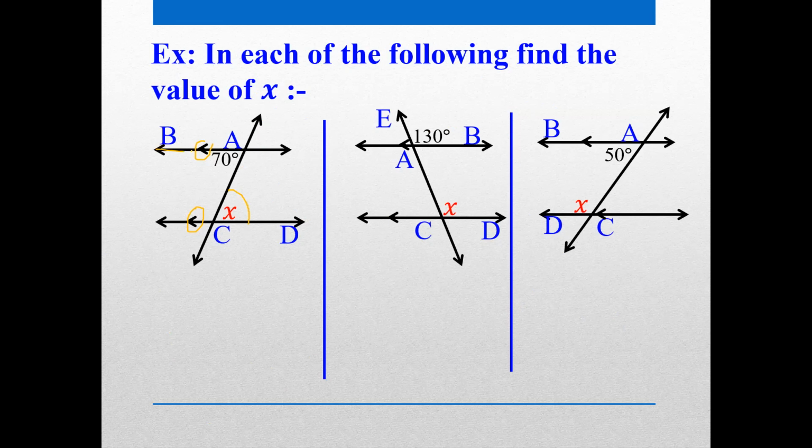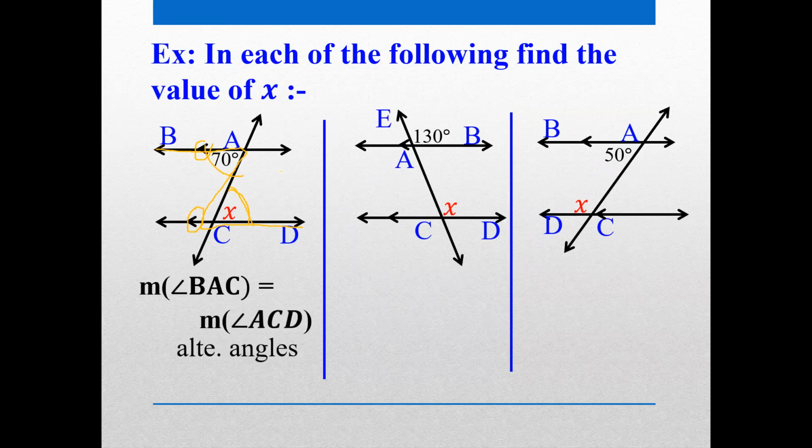It's the letter Z, B, A, C, D, so they are alternate angles. So angle BAC will be equal to angle ACD in measure. Why? Alternate angles. Measure of angle BAC equals measure of angle ACD, alternate angles. So x equals 70 degrees.